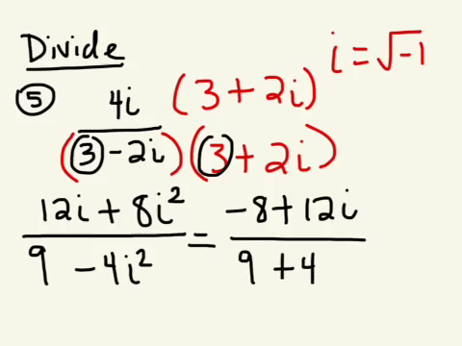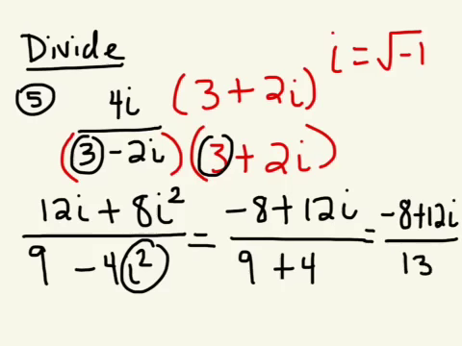Again, that's a result of substituting negative 1 in for i squared, and negative 1 times negative 4 gets me positive 4. 9 plus 4 is 13, so we are almost simplified all the way. My final answer will be negative 8 plus 12i all over 13.